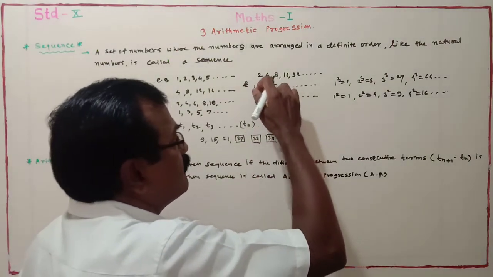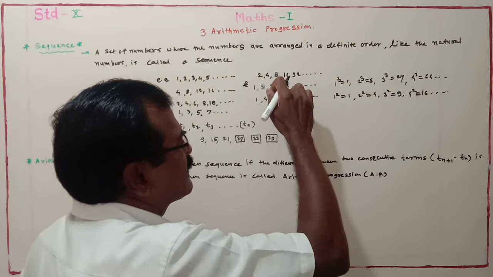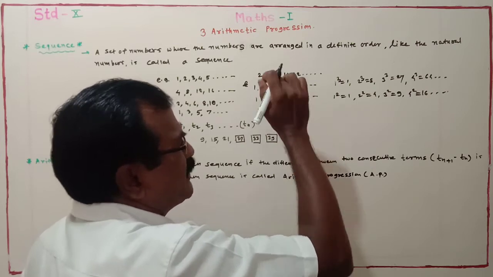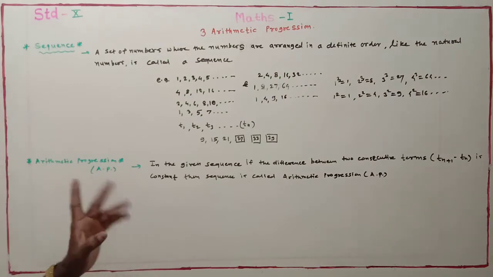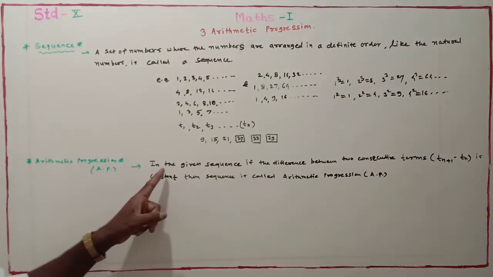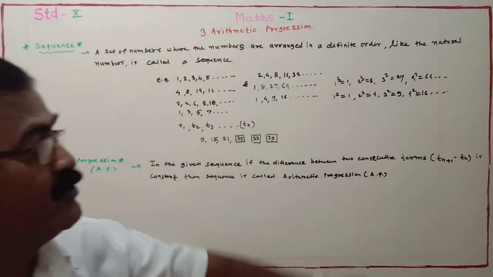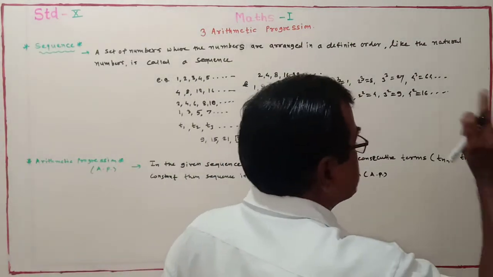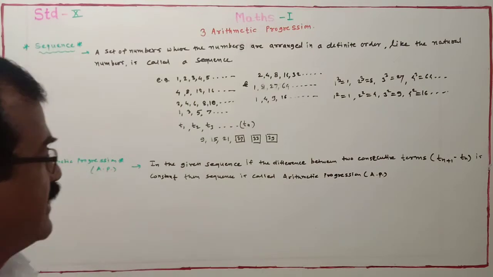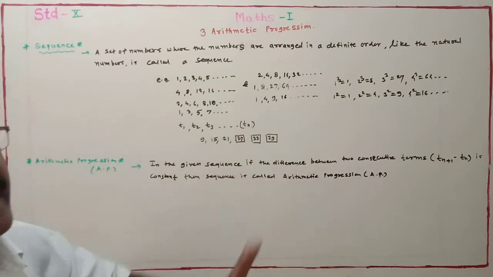Means 4 minus 1 is 3, 9 minus 4 is 5. But in a given sequence, if the difference between two consecutive terms, Tn plus 1 minus Tn, is a constant, then the sequence is an arithmetic progression.